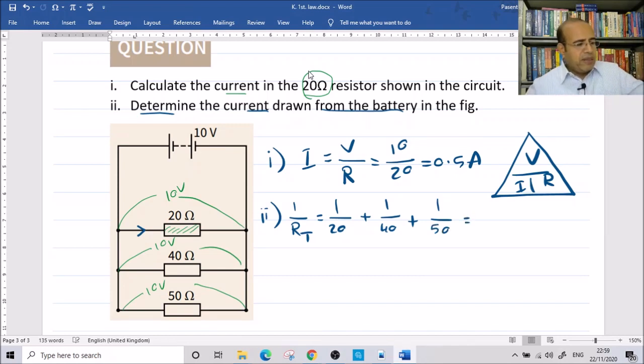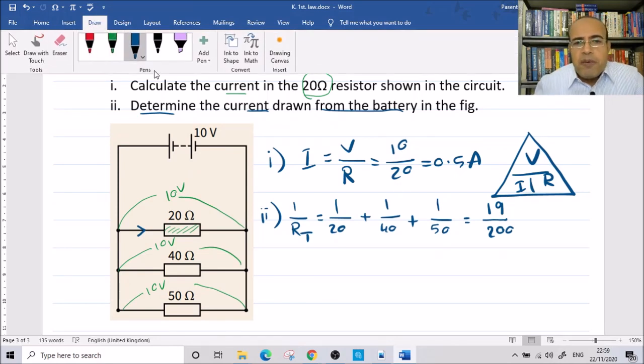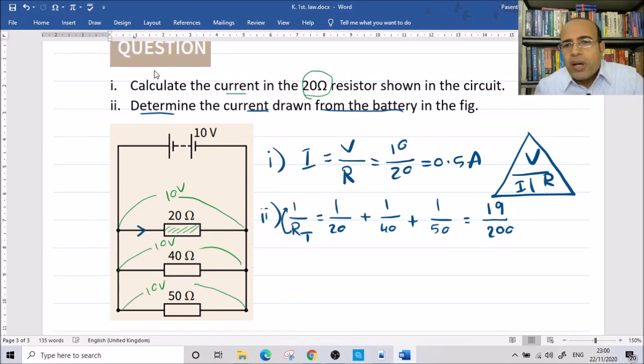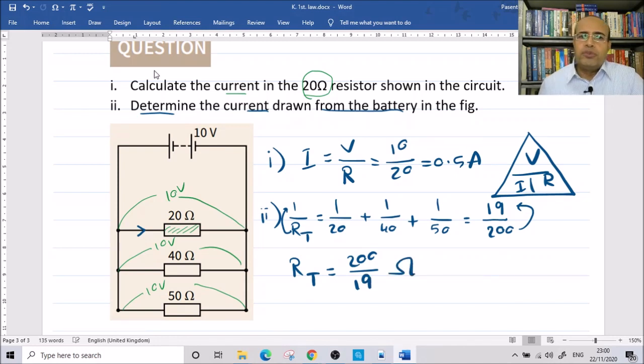Now we use the calculator to get the value. So the answer is 19 over 200. Take care, this is not R total. How can we get R total? We flip both sides because it's 1 over R total. So R total in that circuit equals 200 over 19 ohms.